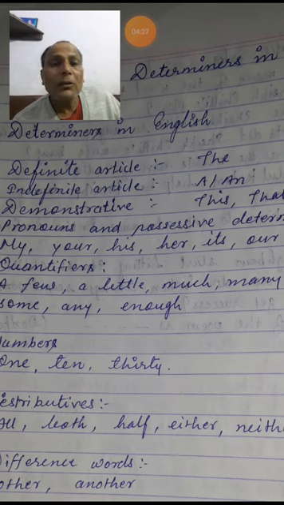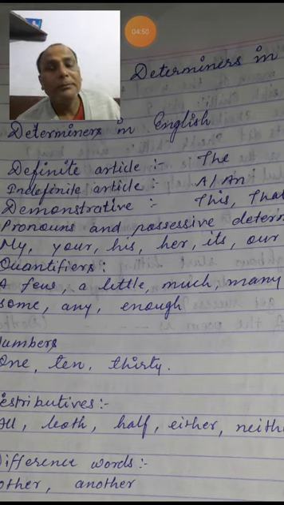So there are two kinds of articles, definite article and indefinite article. So a or an is used or written as a kind of determiner, the indefinite article.